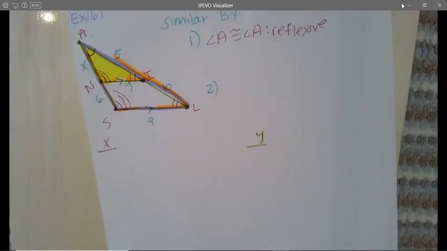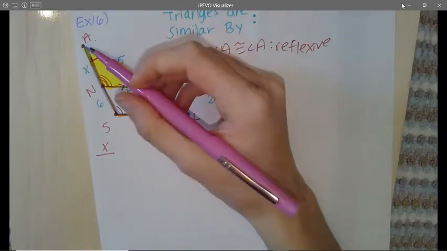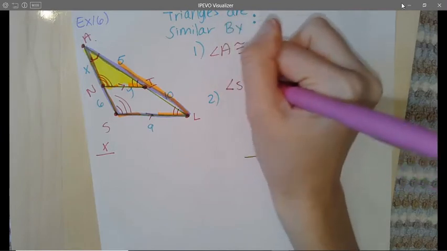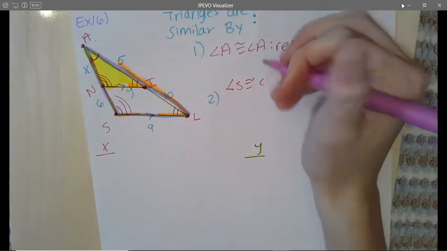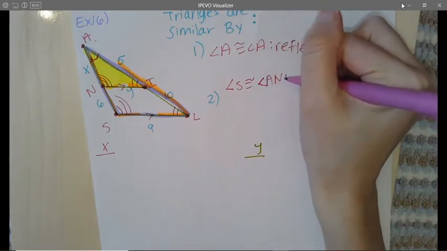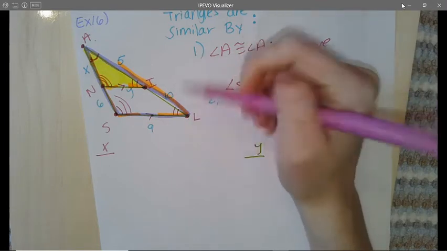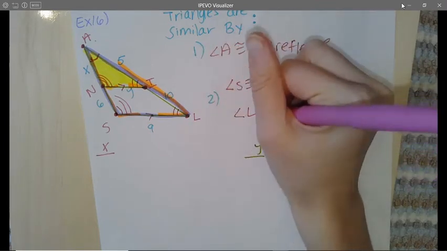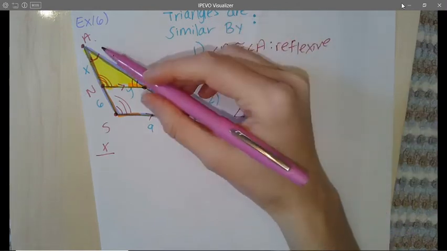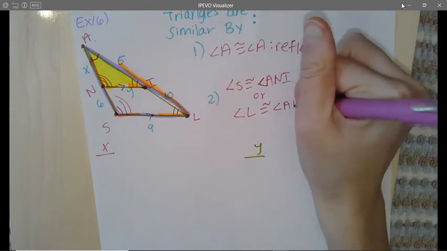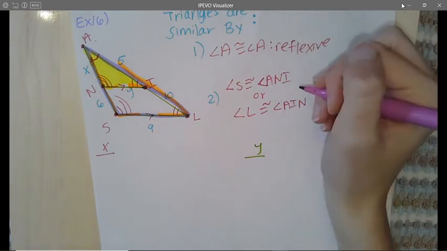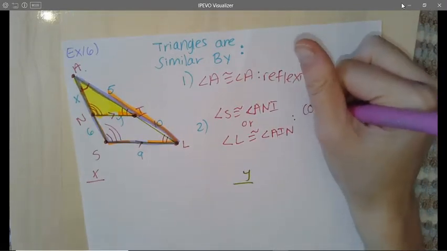Okay, so I can say angle S is congruent to angle ANI. Or I could say angle L is congruent to angle AIN. And how I know that is because they're corresponding angles, and corresponding angles are congruent.